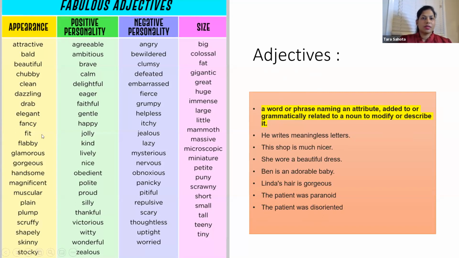You can just Google different adjectives, you'll get a list of adjectives. So try to use them in your writing. Like, if you are explaining appearance: attractive, bold, beautiful, chubby, clean, dazzling; positive personality: agreeable, ambitious. So things like that you can use. Of course, I cannot read out all of them for you, but you can easily find this information.